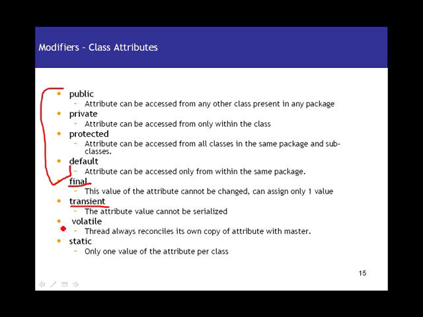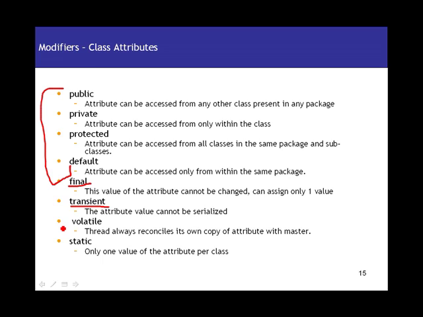I assign some values to these instance variables: the employee name is X, the employee salary is Y, and the employee department is Z. When I serialize this object, I save the values of employee name, department, and salary, and then I can retrieve them at a later point of time.